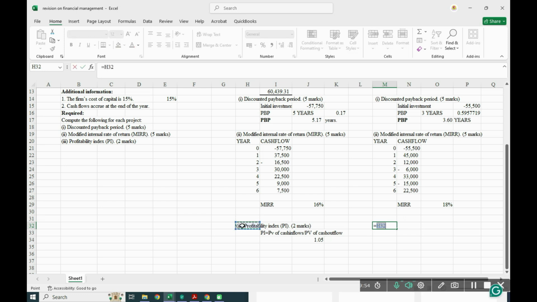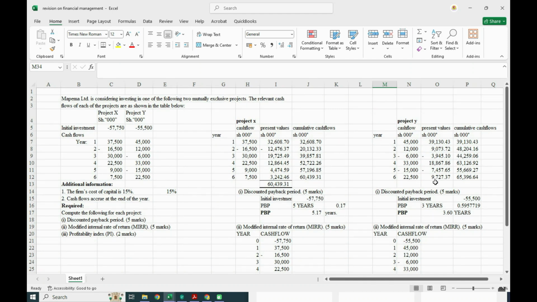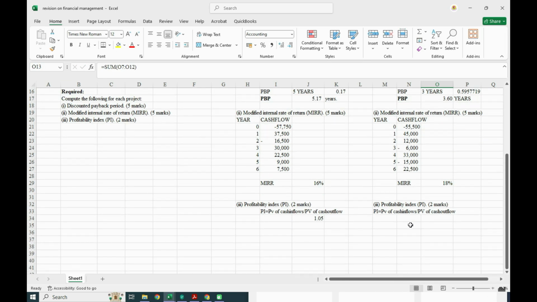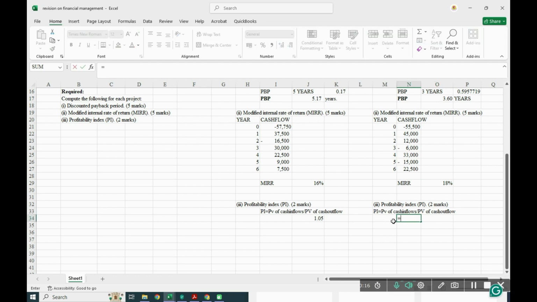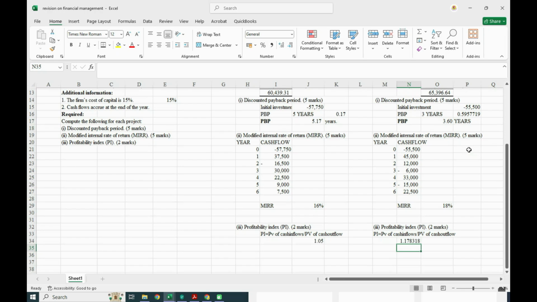And for profitability index, which I have said is PI, present value of inflow over present value of outflow. So here we shall add these. This is the PV of inflow. Here we shall check our PI to be the PV of inflow divided by PV of outflow, where we are putting a negative so that we have a positive value.